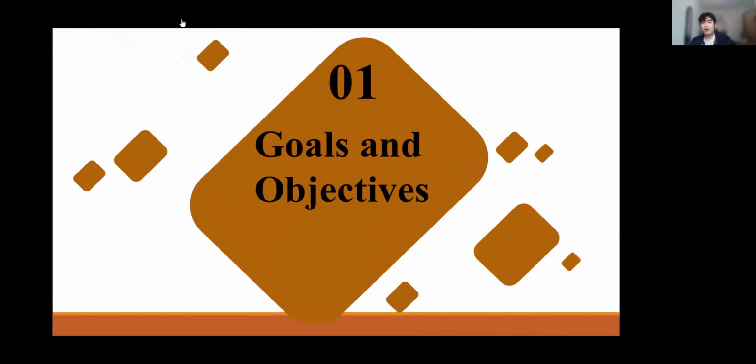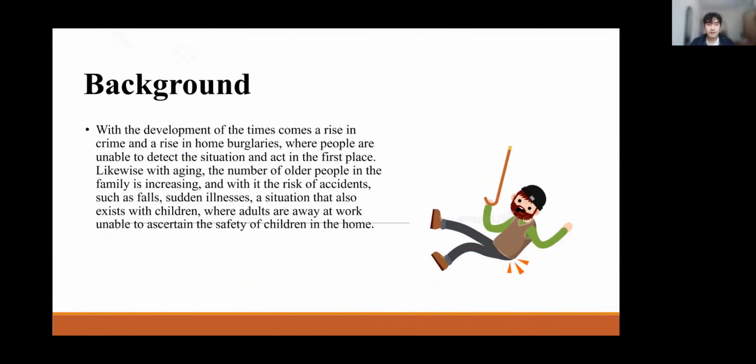Okay. I will talk about the first part, goals and objectives. Let's see some backgrounds first. With the development of the times comes a rise in crime and a rise in home burglars, where people are unable to detect the situation and act in the first place.